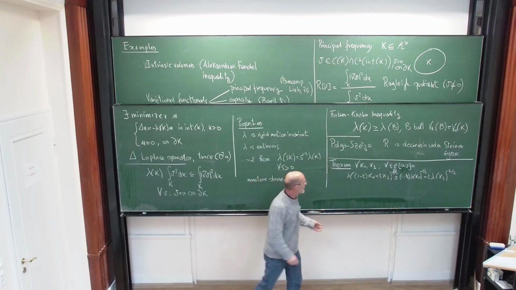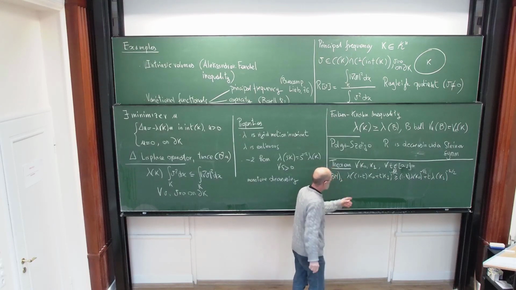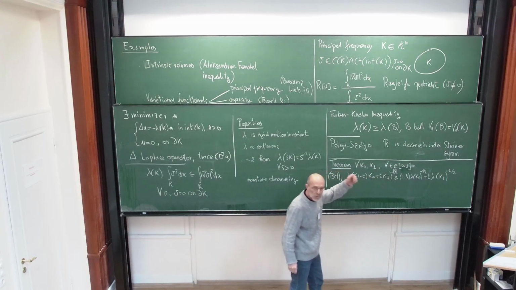So this is just the Brunn-Minkowski inequality for lambda. You see that the exponent is the reciprocal of the homogeneity exponent.